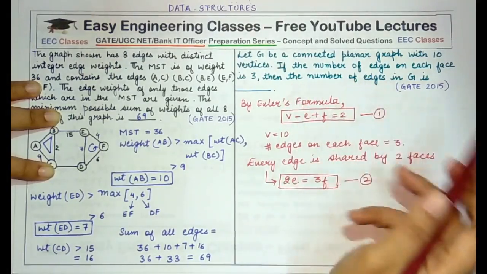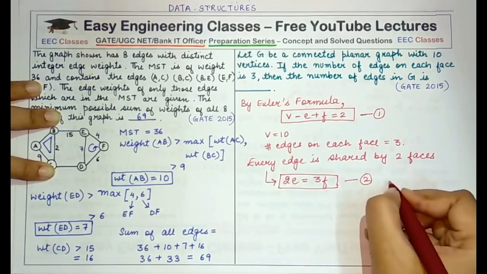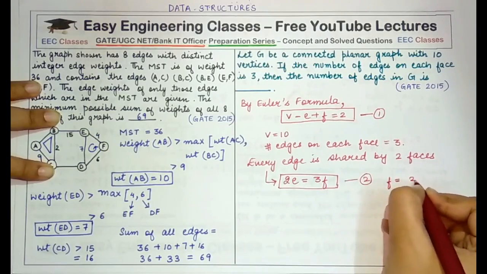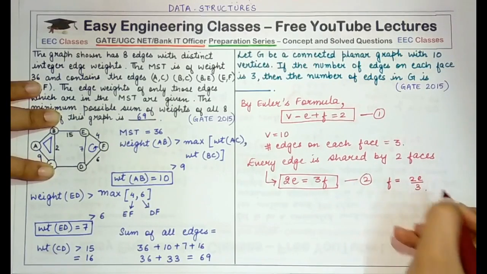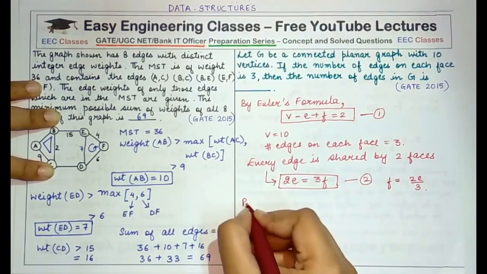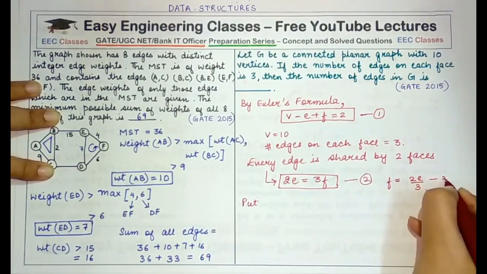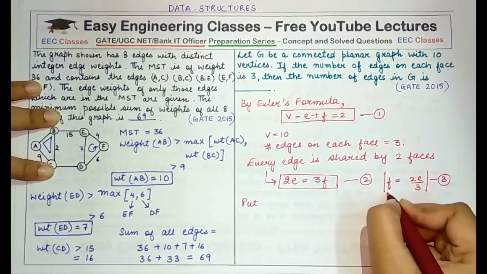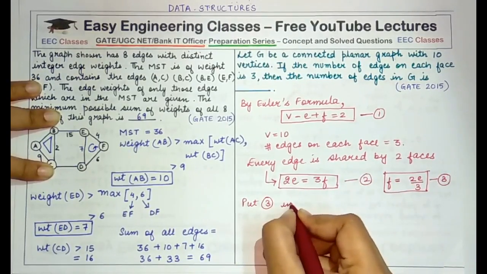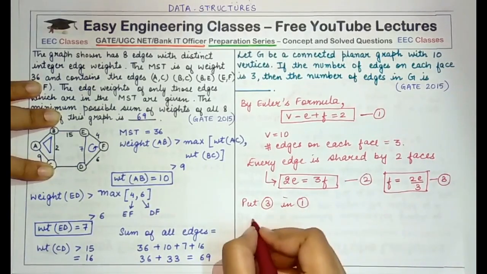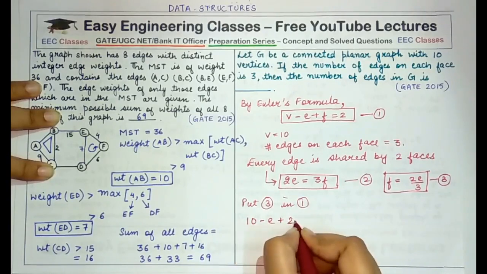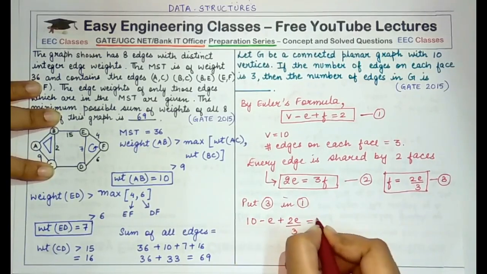We have to find the number of edges. So from 2, I can write F as 2E by 3. This is equation 3, and if I put 3 in 1, I'll get V is 10 minus E plus F is 2E by 3 equal to 2.